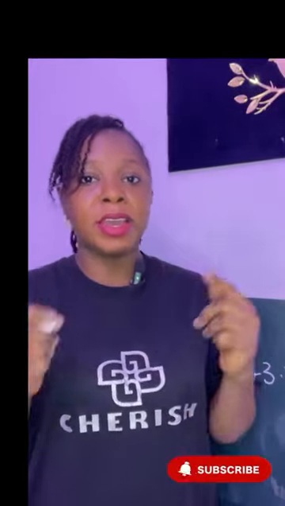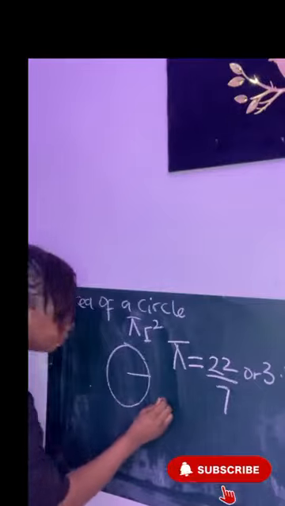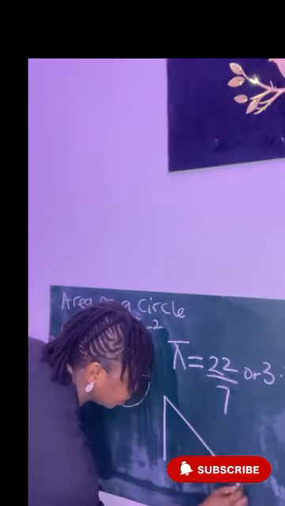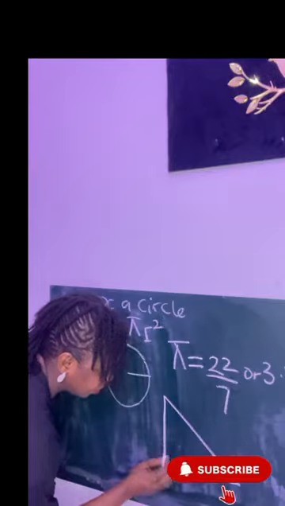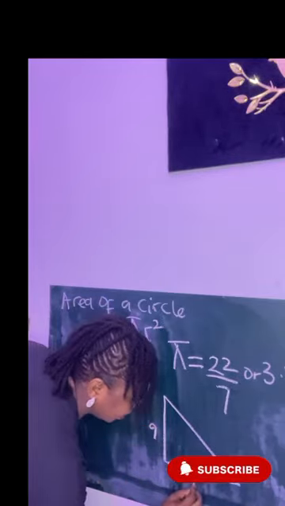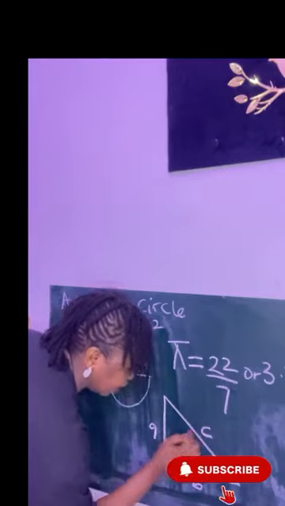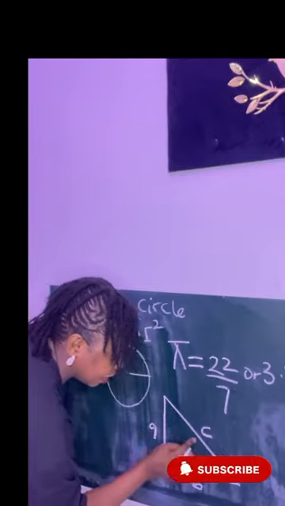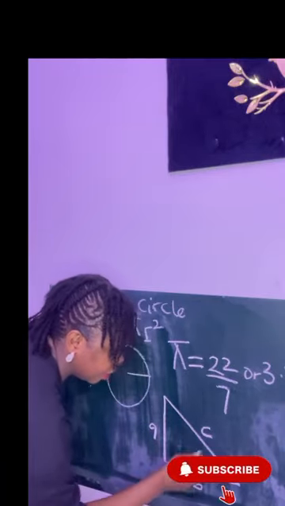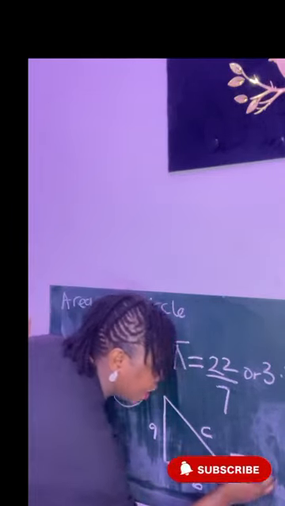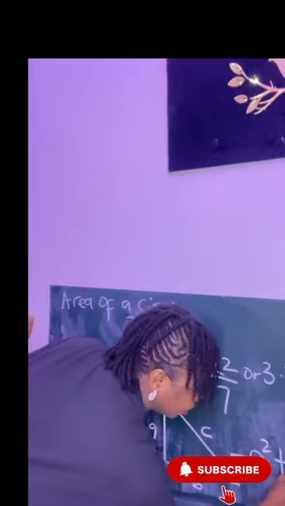In your Pythagoras theorem, you have a squared plus b squared equals c squared. Let me show you what I mean. This is a right angle triangle. This is your A, this is your B, and this is your C, the longest side in the triangle. So to get your C, it's A squared plus B squared equals C squared.